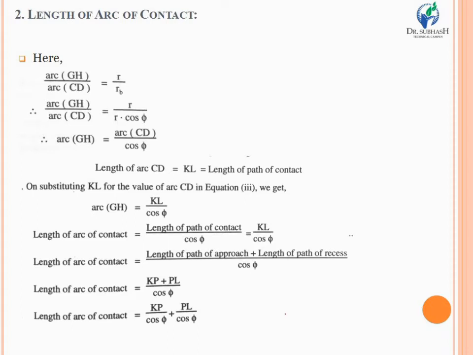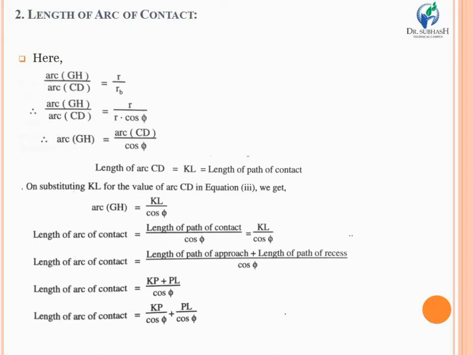Now from the right angle triangle CO1D, which contains the angle theta, and similarly triangle GO1H is also having the angle theta. From both of the triangles CO1D and GO1H we can have the arc CD equal to RB into theta, and arc GH equal to R into theta.